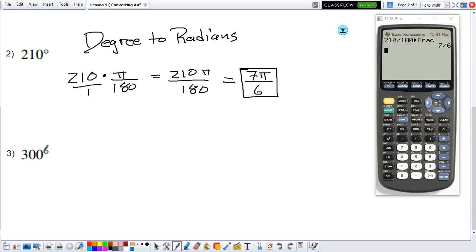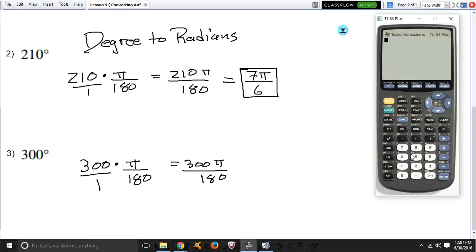So let's see our last example here, 300. Let's convert these degrees into radians. How do we do that? You're going to take your degrees and multiply by pi over 180. So 300 over 1 times pi over 180: 300 times pi is 300 pi, and 1 times 180 is 180. Is there a way for me to simplify 300 divided by 180?